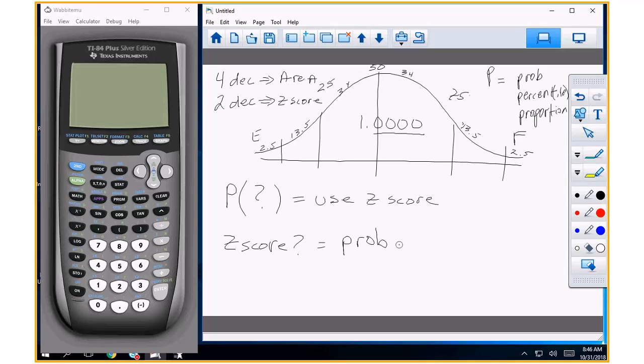When I do a couple of questions, you're going to see. And in case you don't know, probability is area. Probability is percentage. Probability is all that other stuff we talked about. You need to put area under here too, but it's not with a P.